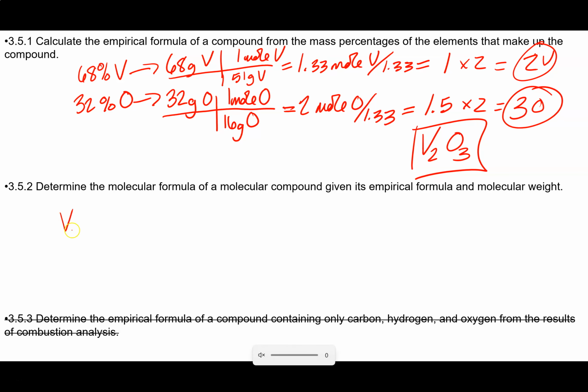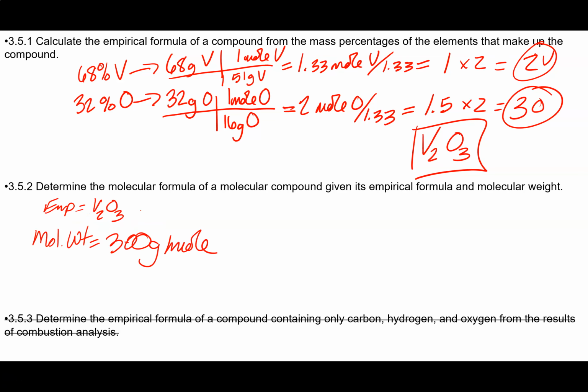So let's say I had this V2O3 as my empirical formula. If I'm given a molecular weight of, let's say, 3 times that, then I can determine what the molecular formula is from that molecular weight. I'm actually going to do the math here.